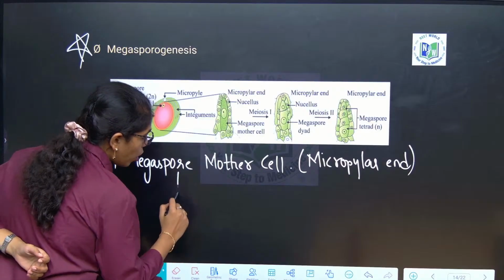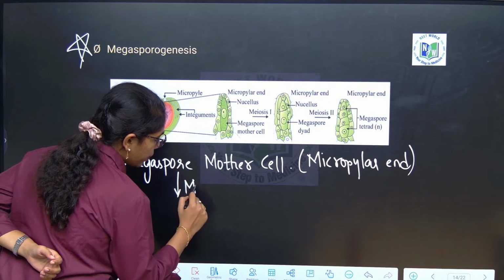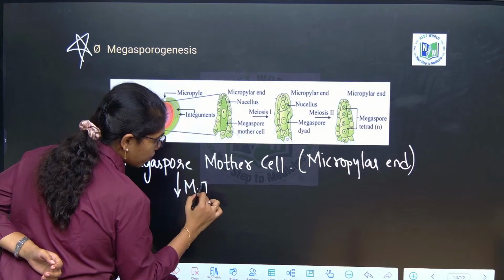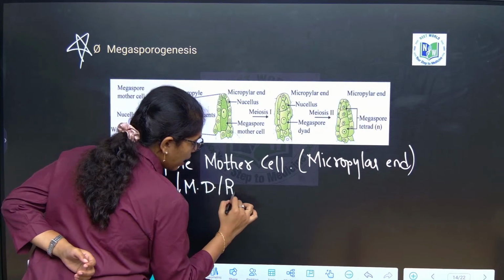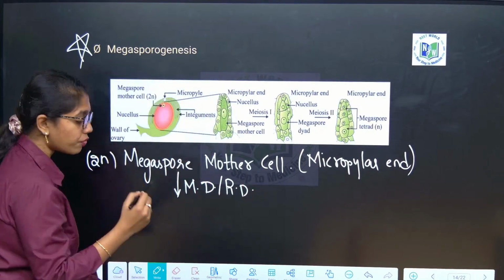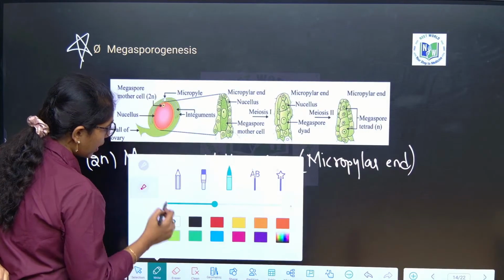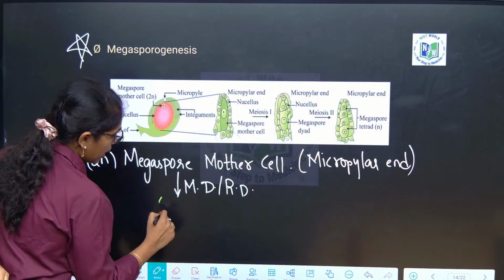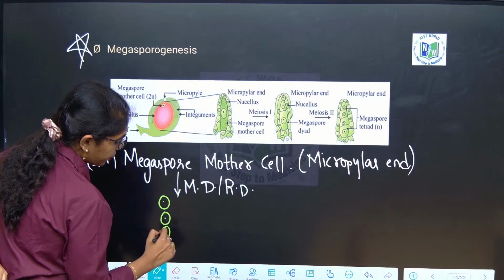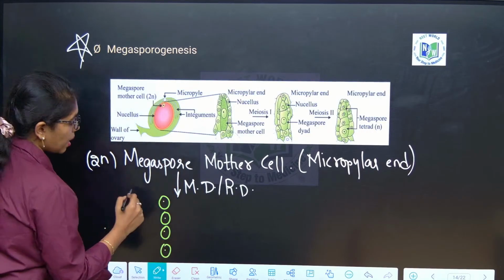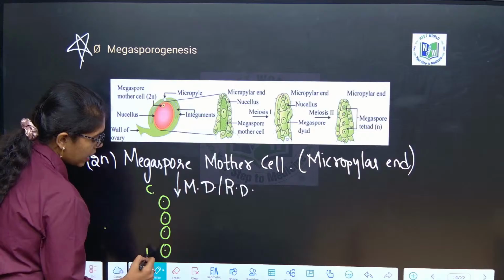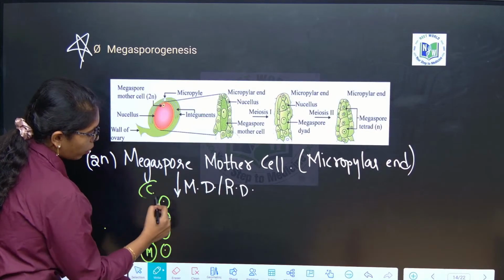This megaspore mother cell undergoes meiotic division, which you also call reductional division. It forms a linear tetrad like this. Let's suppose this is the chalazial end and this is the micropylar end.